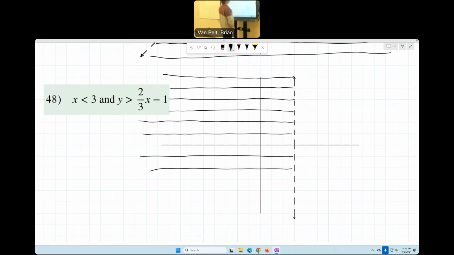I'm going to change the color of my axes so I can keep track of where I'm at on this thing. They're not thicker or anything like that. I've got to do something to differentiate those things.